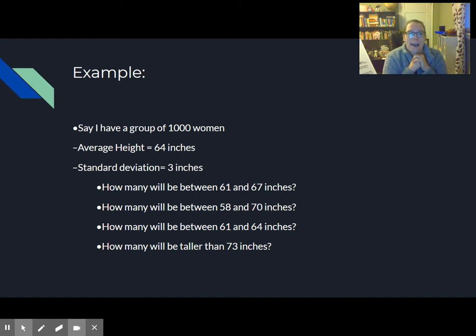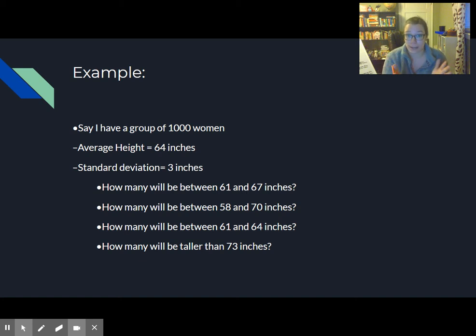So if I have a group of 1,000 women and their average height is 64 inches, and I tell you the standard deviation for that is 3 inches, before we go into z-scores at all, let's just think about what we know about that 68, 95, 99.5 rule. So how many people, in theory, will be between 61 and 67 inches?